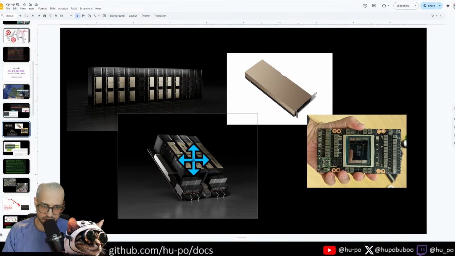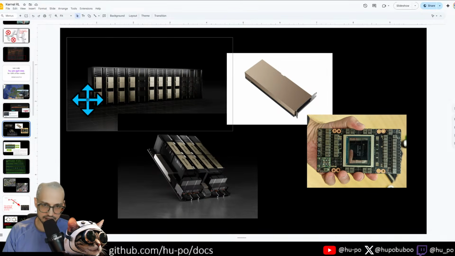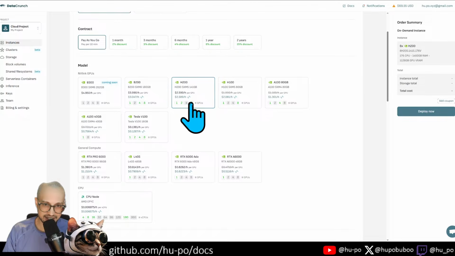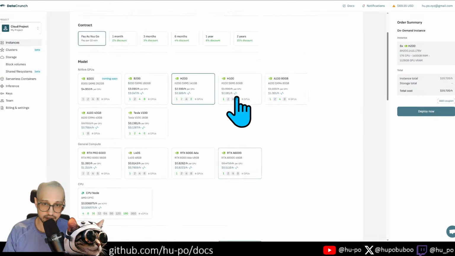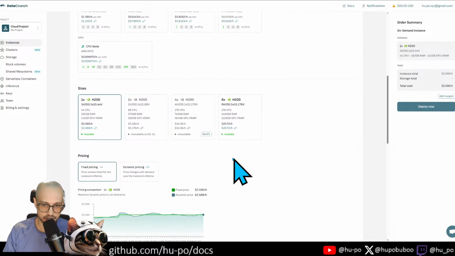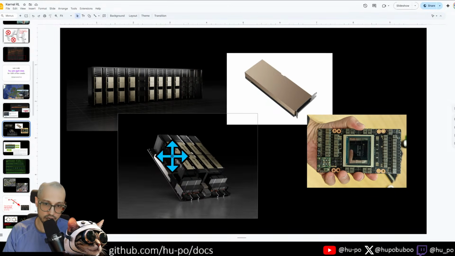And there's 8 of these in one rack, and then there's multiple racks inside this data center, right? So whenever you're saying, I want an 8x H100, what you're saying is, I want the full rack, versus whenever you're like, I just want one H100, or in this case, a 1x H200, you're basically saying, I just want one of these, right?